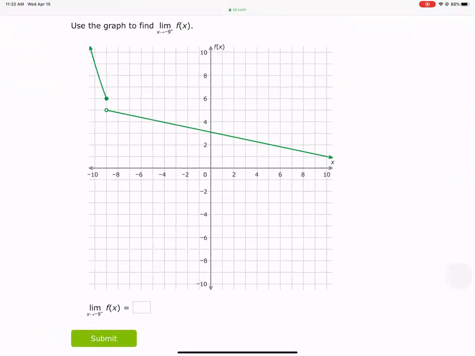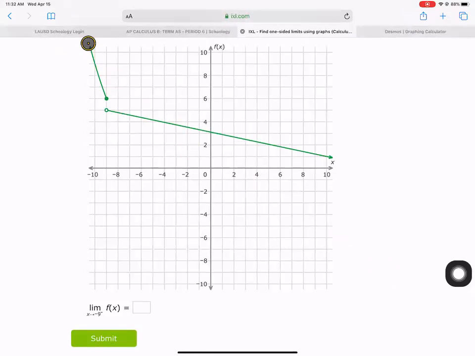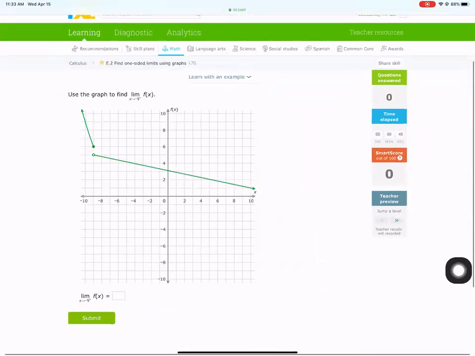Evan, thank you. Left. Naturally, we think negative is on the left. And that's right, it's going to be on the left. So on the left, as I'm getting closer to negative 9, the y value looks like 6. Good. And that's the answer.